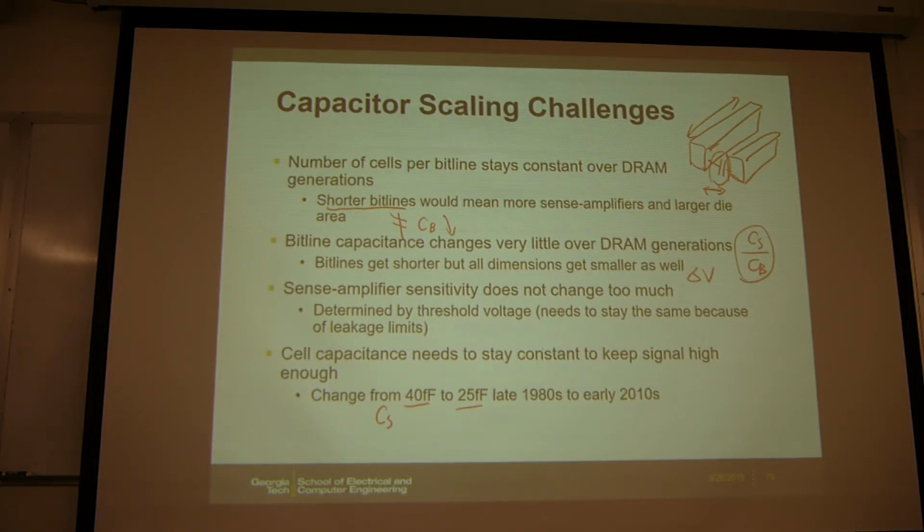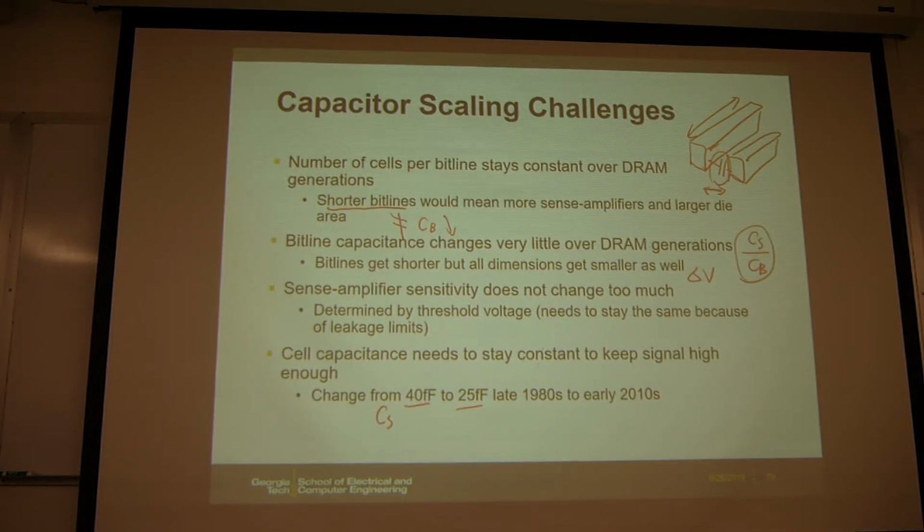Over like 30 years, it only changed from 40 to 25. This is unlike Moore's law, or in this business everything scales exponentially, right? This one only changed a little bit. This is because the CB does not change too much. And then CS, you have to maintain the CS.